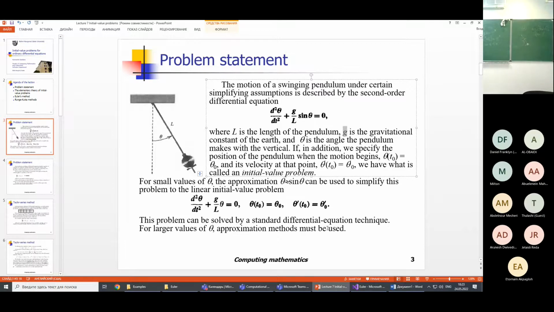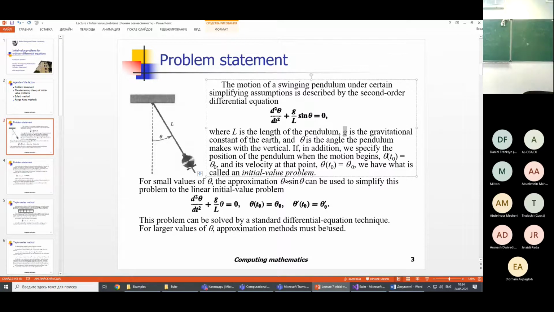For the last equation, we can find the solutions, but it can describe the motion of the pendulum only for small angles. When the angle is large, we should use the first one, but the first one we cannot solve.